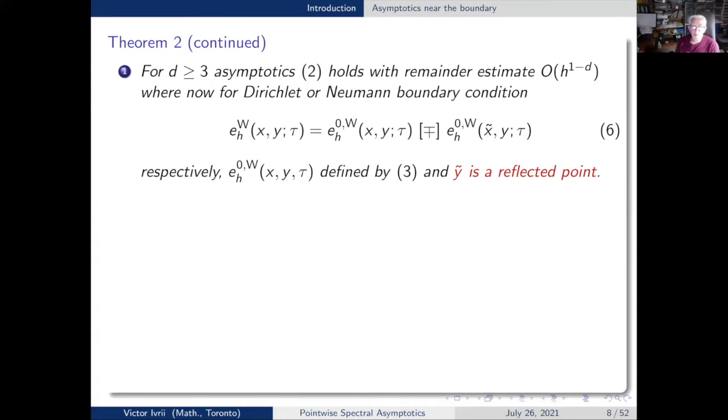Then, if d is greater than or equal to 3, the same asymptotics holds with the remainder estimate, where the main part would be equal to the Weyl expression in the whole space with points x, y, and here is tau, and here instead of x we take y, and y is reflected.